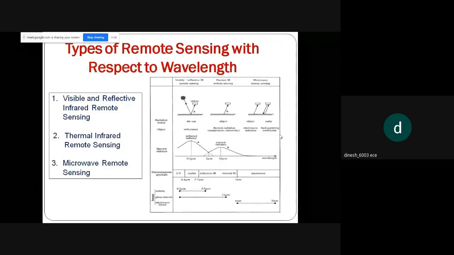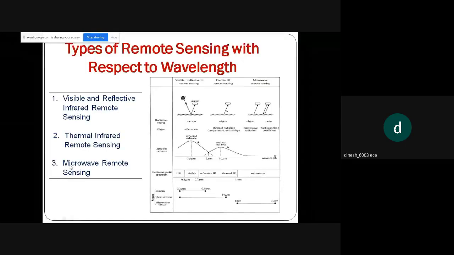So which wavelength you choose depends on which type of remote sensing. For reflective infrared remote sensing, the visible spectrum is being used. For thermal infrared remote sensing, the IR is being used.